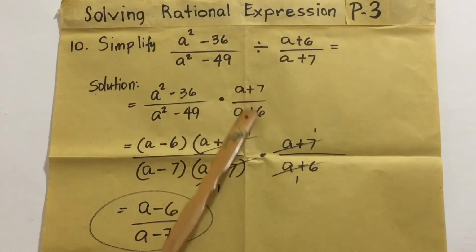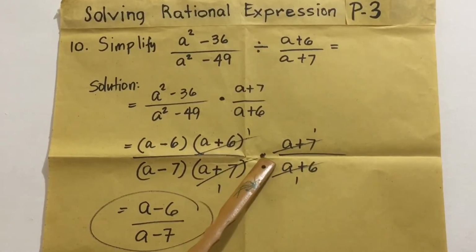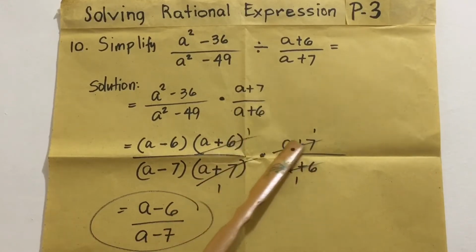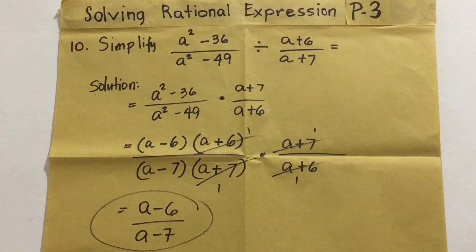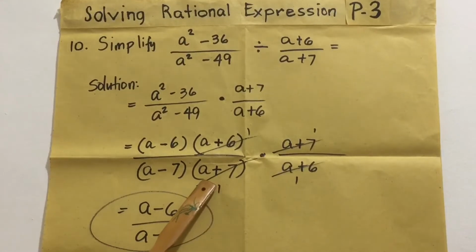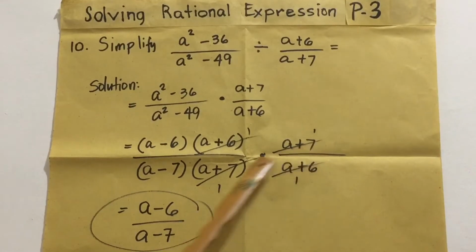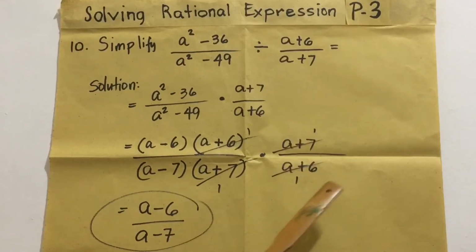Then for the second rational expression, since it's already prime, we just copy a plus 7 over a plus 6. Next, we're going to cancel, or divide, the same numerator and denominator. Since a plus 7 is the same as the denominator a plus 7, we cancel and put 1.